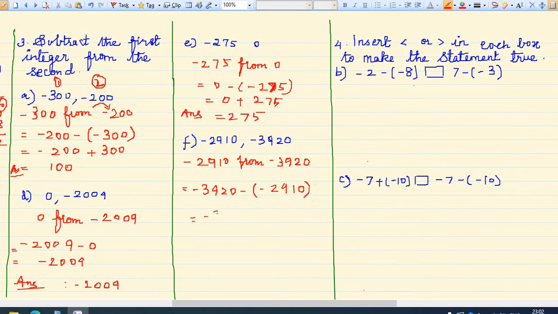So minus 3920 minus into minus is what? Plus 2910. Just subtract this in a rough column. 3920, I am going to subtract with 2910.